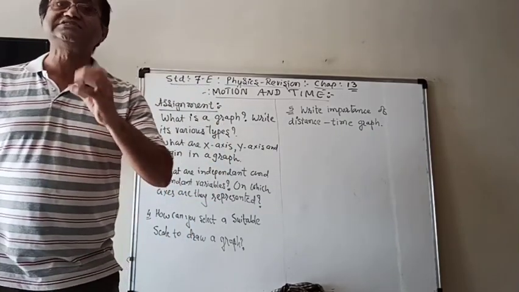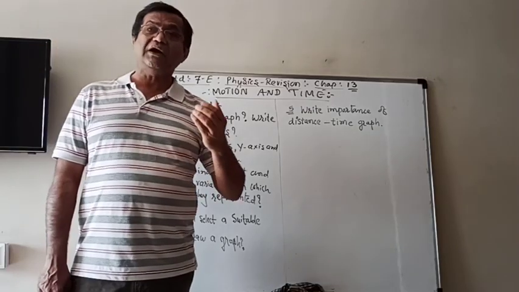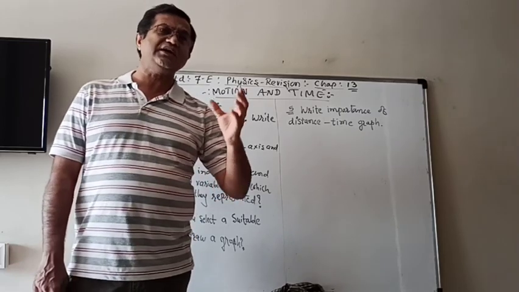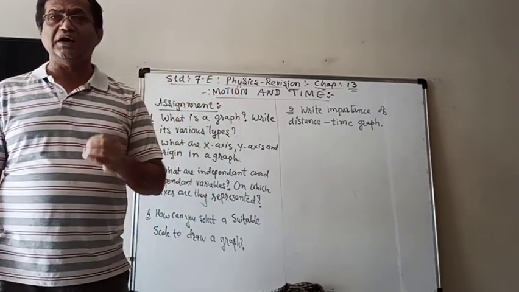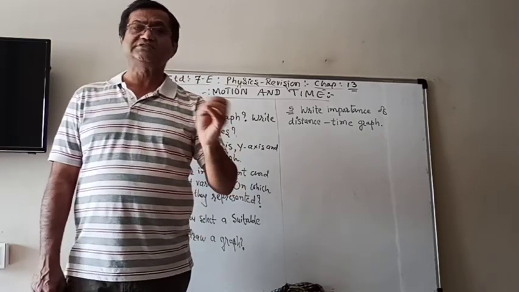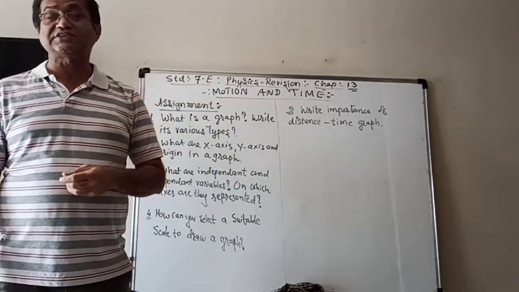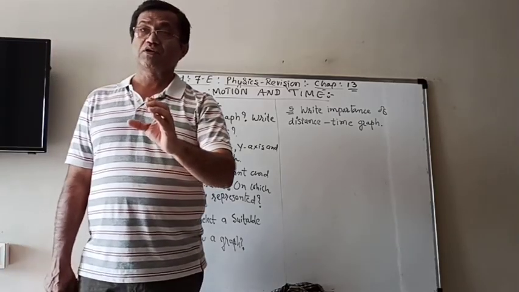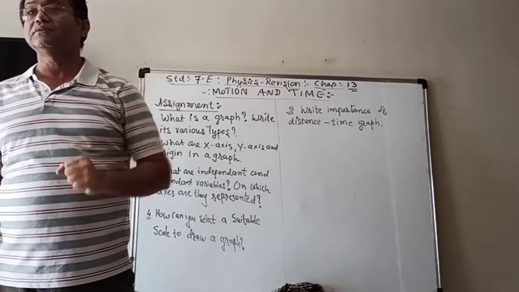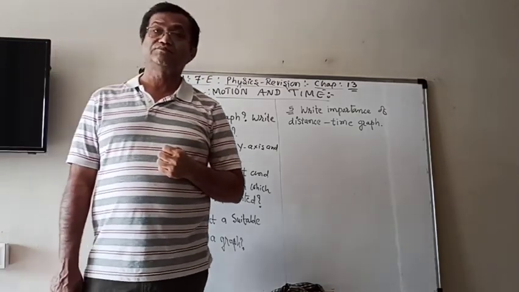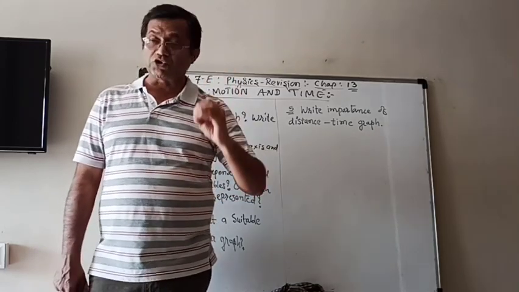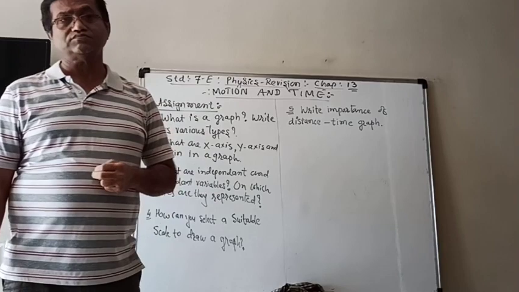What type of scale should we choose? Scale means on the x-axis and y-axis, 1 centimeter is how many units? That is the scale. So the scale is very important to draw the graph.